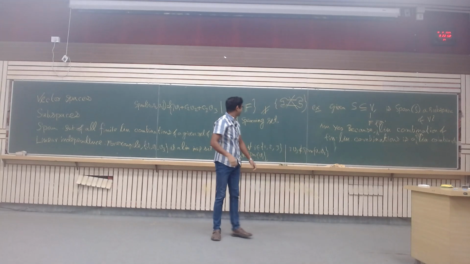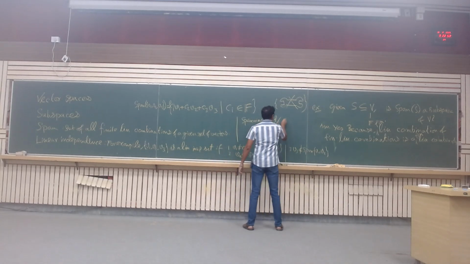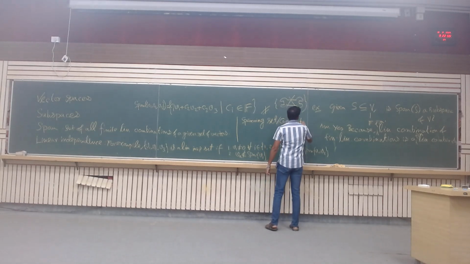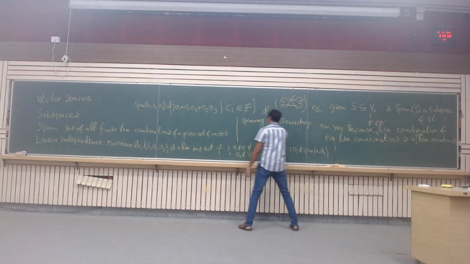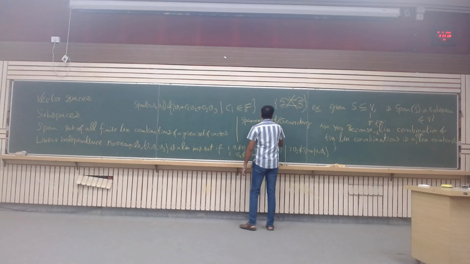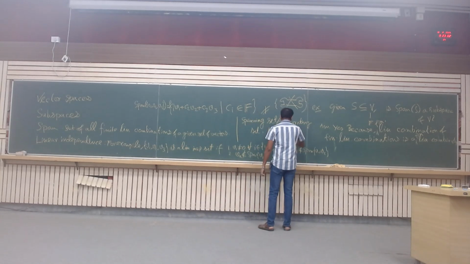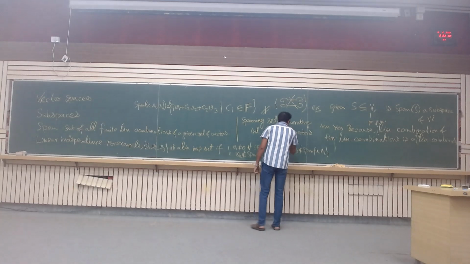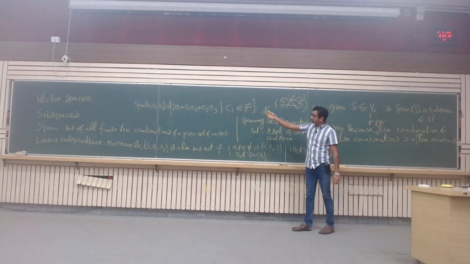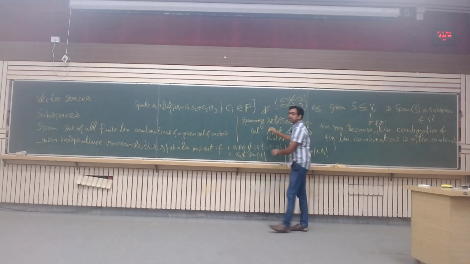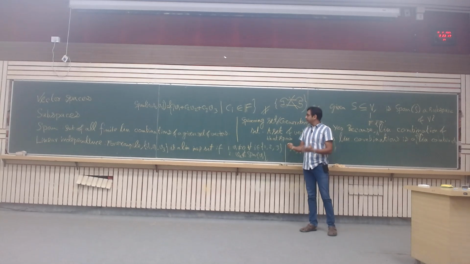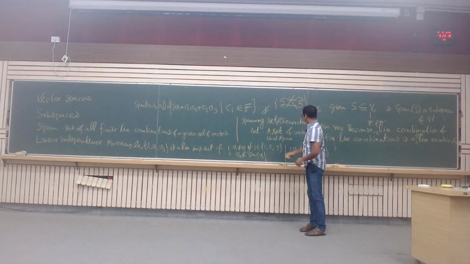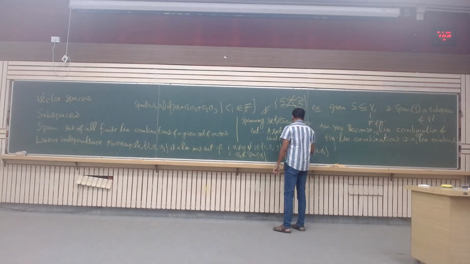It's just a set of vectors that spans the ambient space. So, for example, if you are considering a vector space V, then it's a subset of V whose vectors span the entire set V.